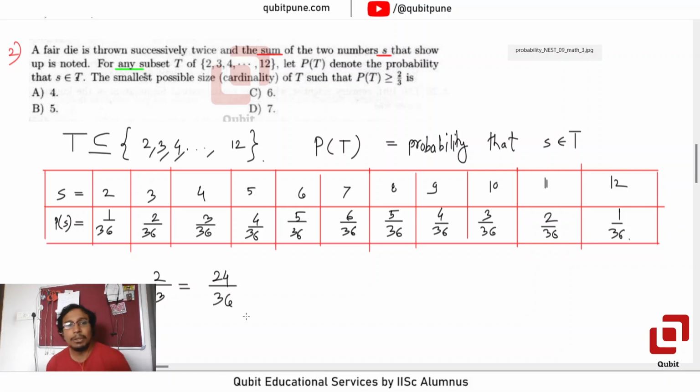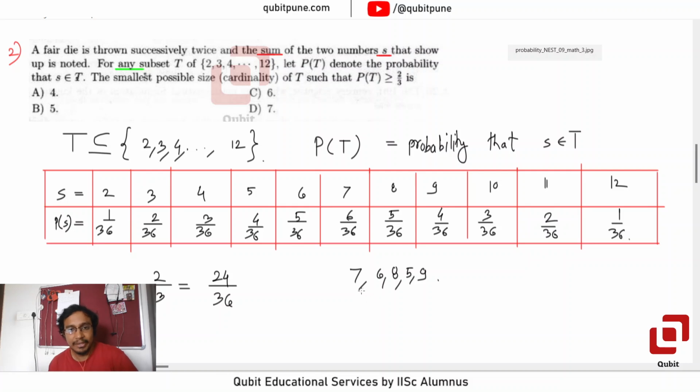Okay, 2/3 is equal to 24/36. Now let us suppose we consider the outcomes which are more likely than the others. Let's suppose we consider outcomes 7, 6, 8 and 5, 9.